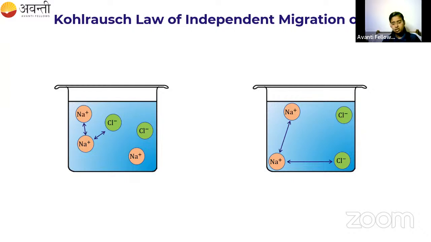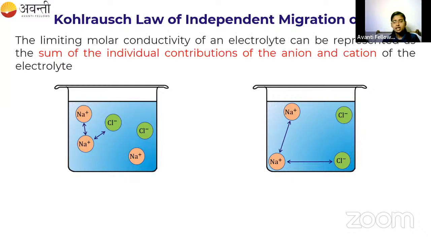Now coming to the Kohlrausch law: the limiting molar conductivity of an electrolyte can be represented as the sum of the individual contributions of the anion and cation of the electrolyte. NaCl is the electrolyte, and the contribution of the cation is Na plus. Conductivity means lambda m naught.